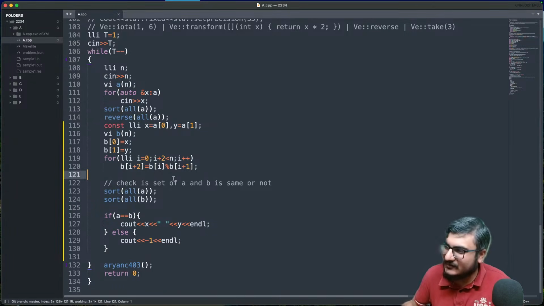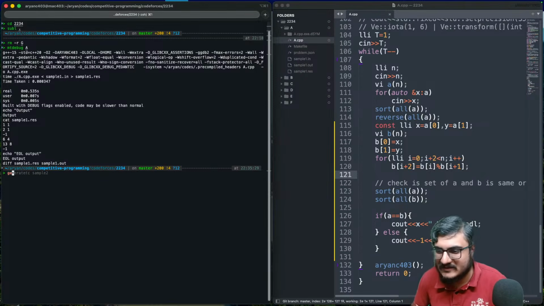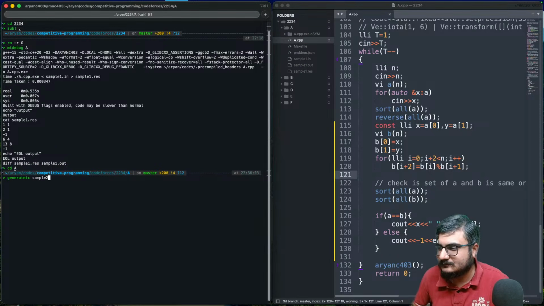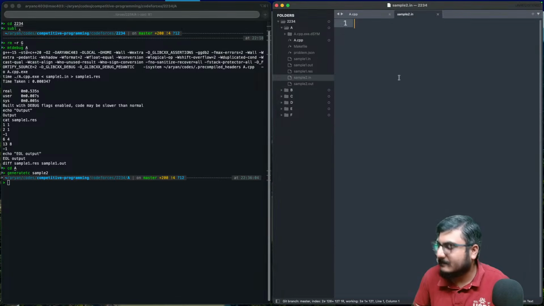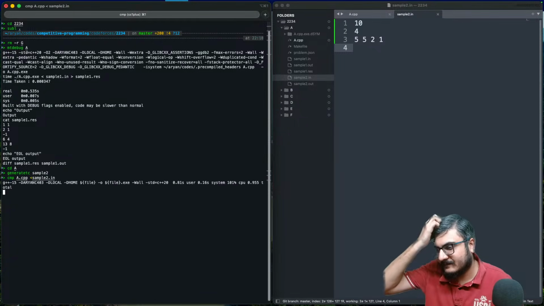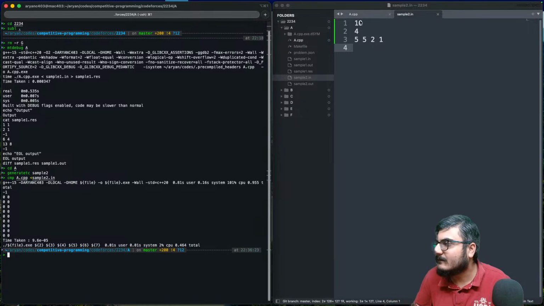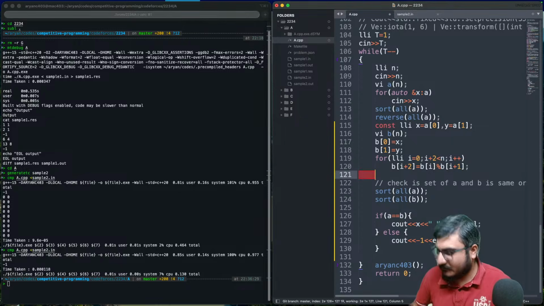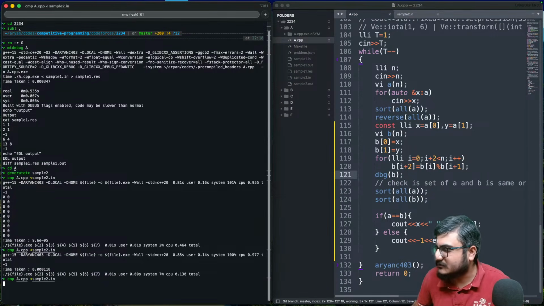So basically you may potentially get a runtime error based on what language you are using. For example, consider this case: 5 5 1. If this is the sequence, then the B that would be generated would actually have zeros.